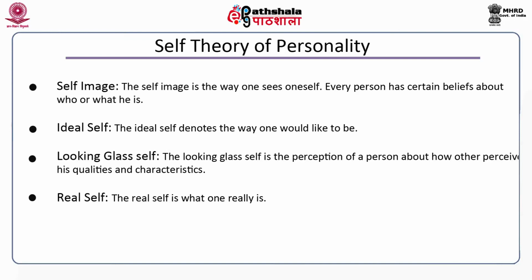Third is the looking glass self. The looking glass self is the perception of a person about how others perceive his qualities and characteristics. This is the insight of others' perception, that is, the way one thinks people perceive him and not the way people actually see him.